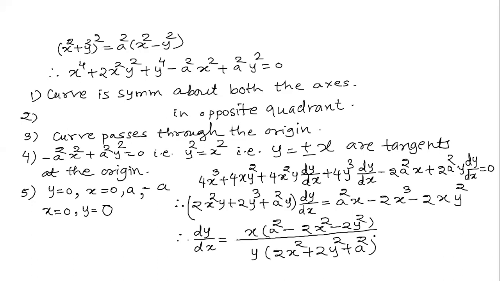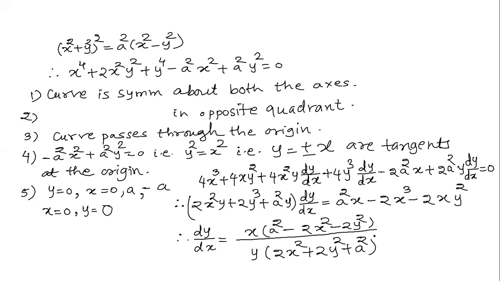Madam, is it correct? Yes. Hello? No. Am I correct, madam? Yes, sir. Yes. Okay, just 4x y square plus 4x square y divided plus 4y minus 2 a square x plus 2 a square y divided by x. So let us hope I am correct.